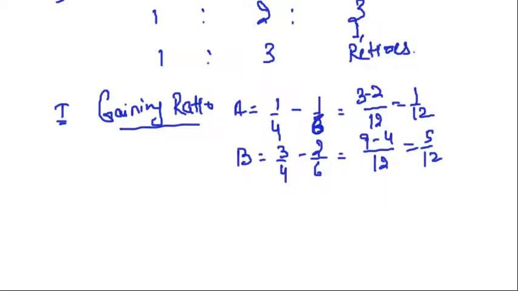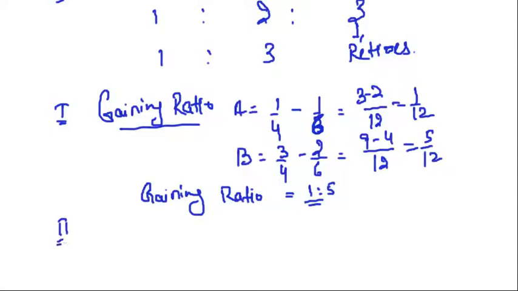Clear? So what is the gaining ratio? Gaining ratio is 1:5. In this ratio, the remaining partners will compensate the retiring partner.